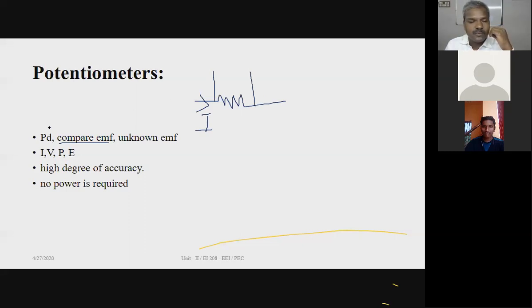Then comparing two EMFs, say EMF 1 and EMF 2, you can compare the EMF values and determine the unknown EMF. These are the main applications of the slide wire potentiometer we are going to discuss today.